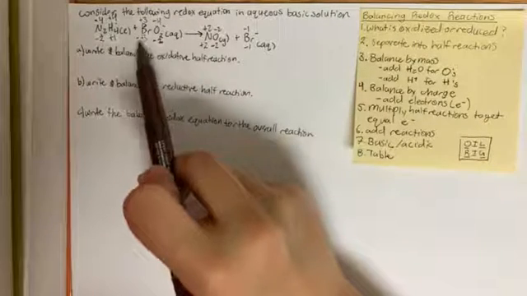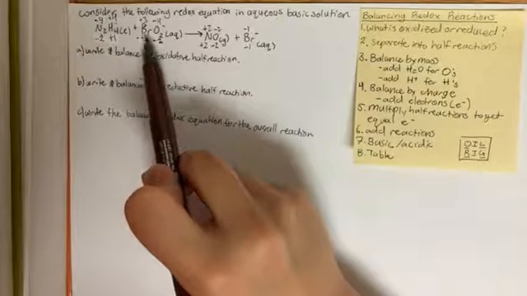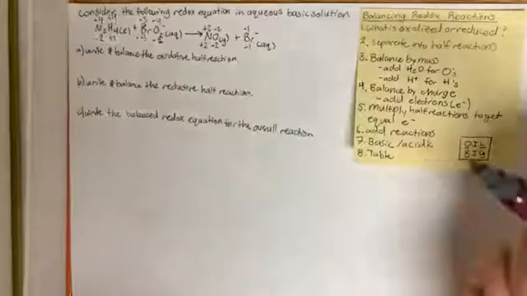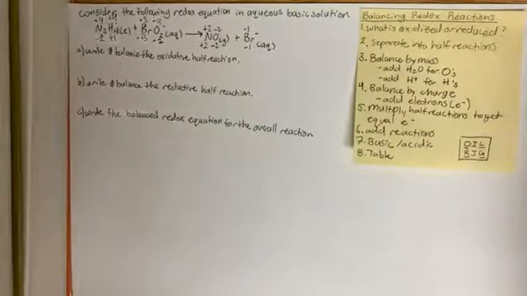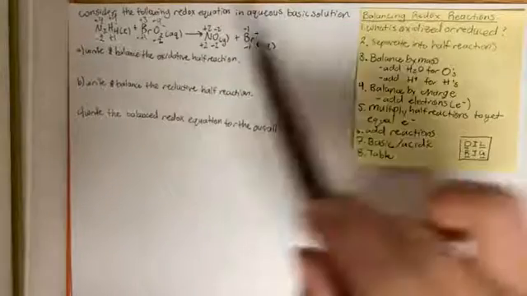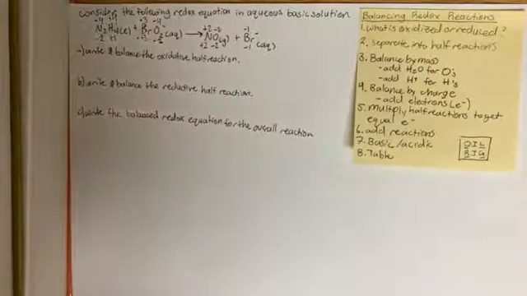And bromine first has a positive 3 charge and then goes to a negative 1 charge, which means it's gaining electrons because it's becoming more negative. Since it's gaining electrons, all the bromine is being reduced.